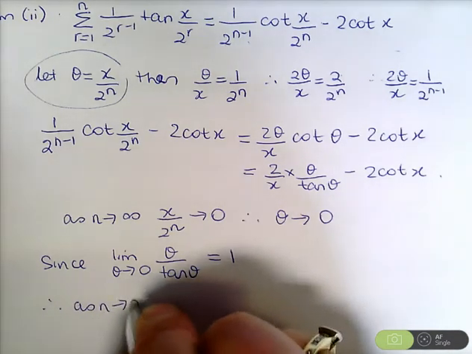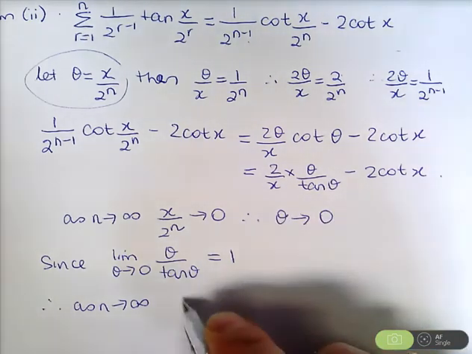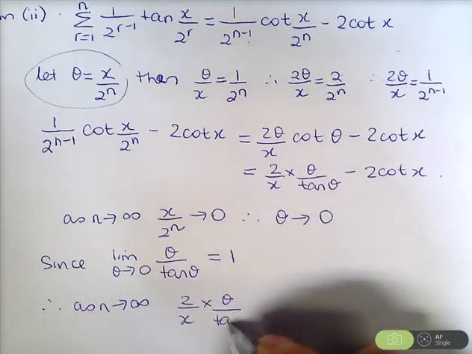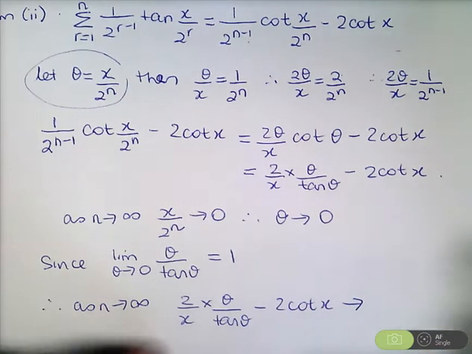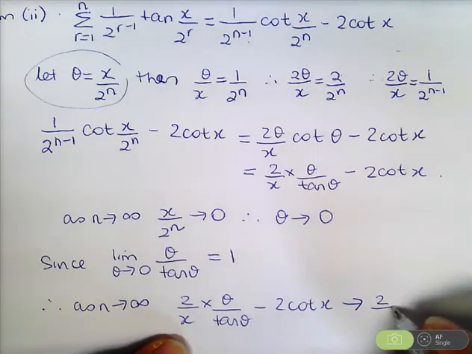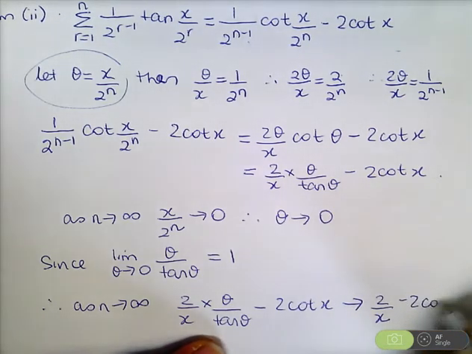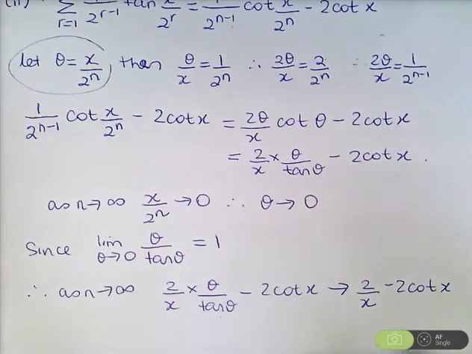So since the limit as theta approaches 0 of theta over tan theta equals 1, as n approaches infinity, 2 over x times theta over tan theta minus 2 cot x will approach 2 over x minus 2 cot x, as theta over tan theta approaches 1. That's our desired result.